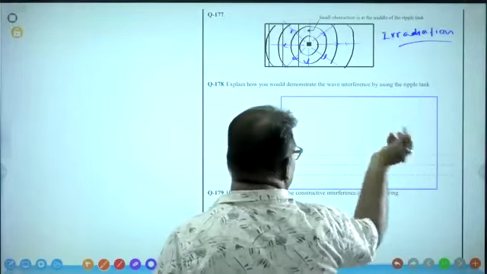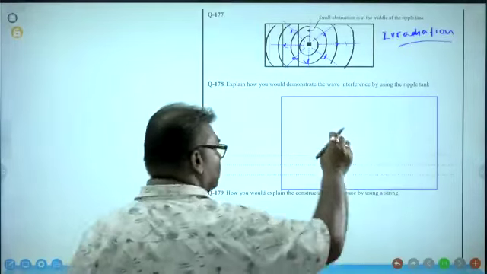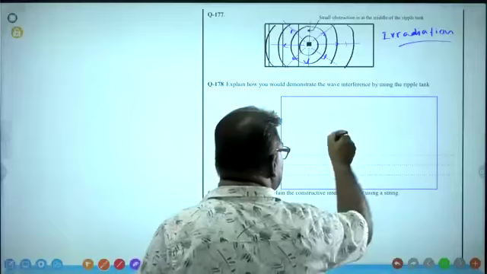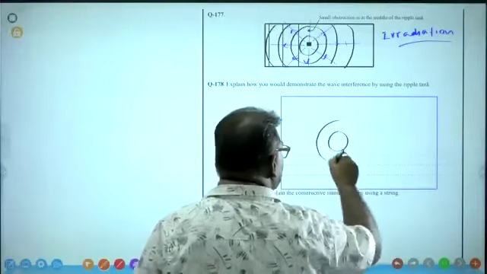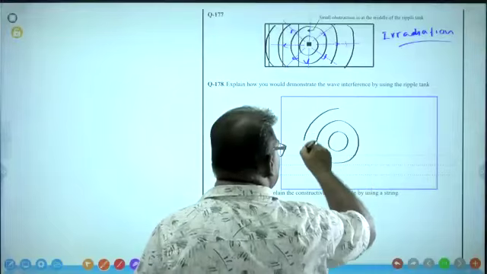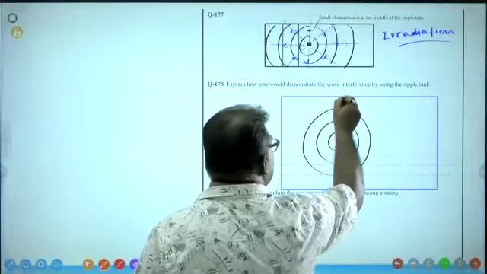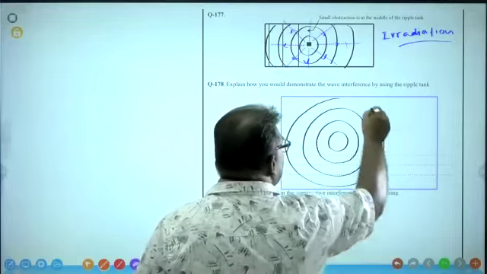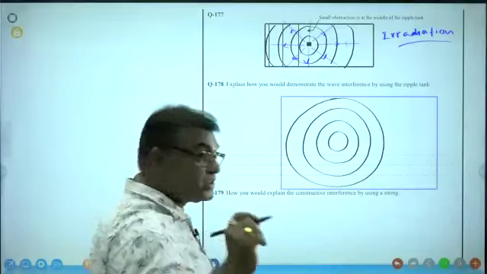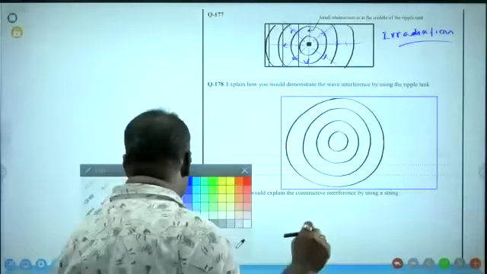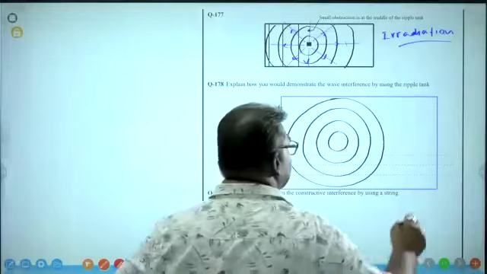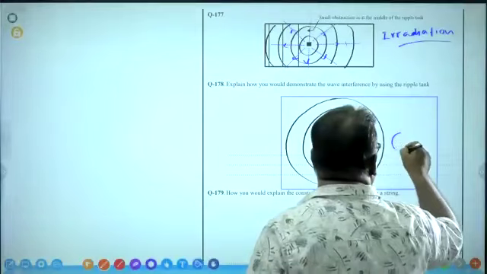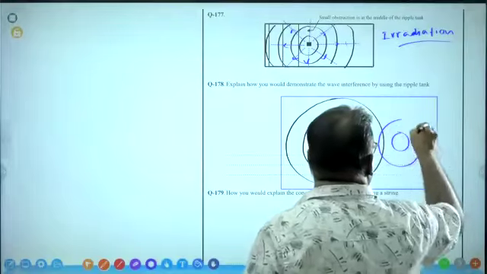One is switched on and placed on the water surface to generate circular wave fronts. The other one is also switched on and placed on the water surface to generate circular wave fronts.